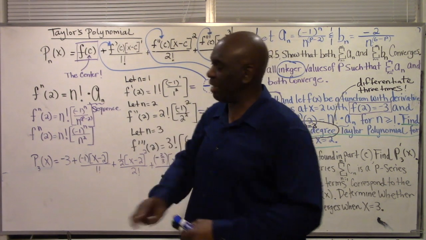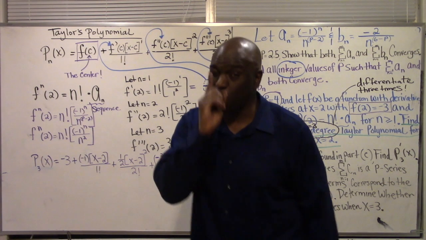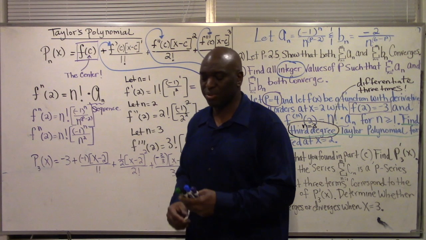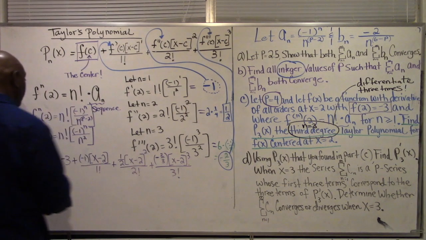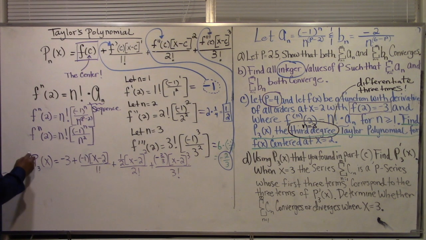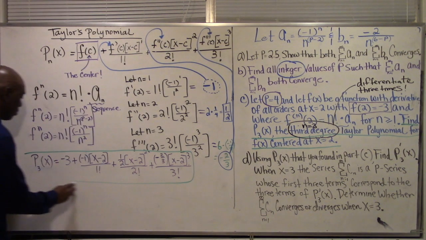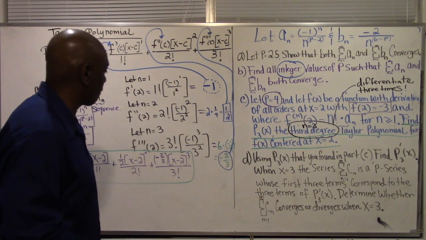Don't simplify on part C, because if you simplify it on part C and make one mistake, they're deducting points. So since I have my Taylor polynomial right here for part C, I'm going to stay right there, write it, put a box around it, and there you go. That's what it looks like.